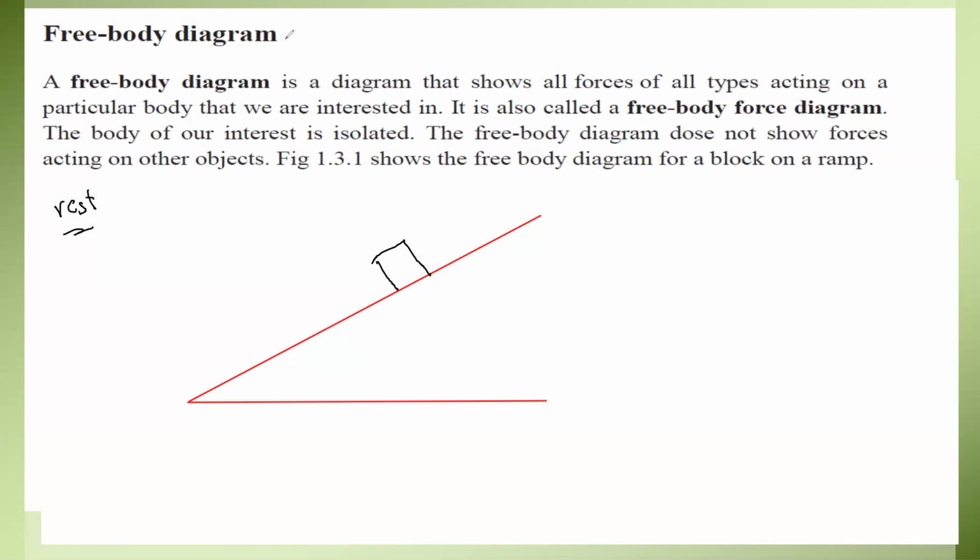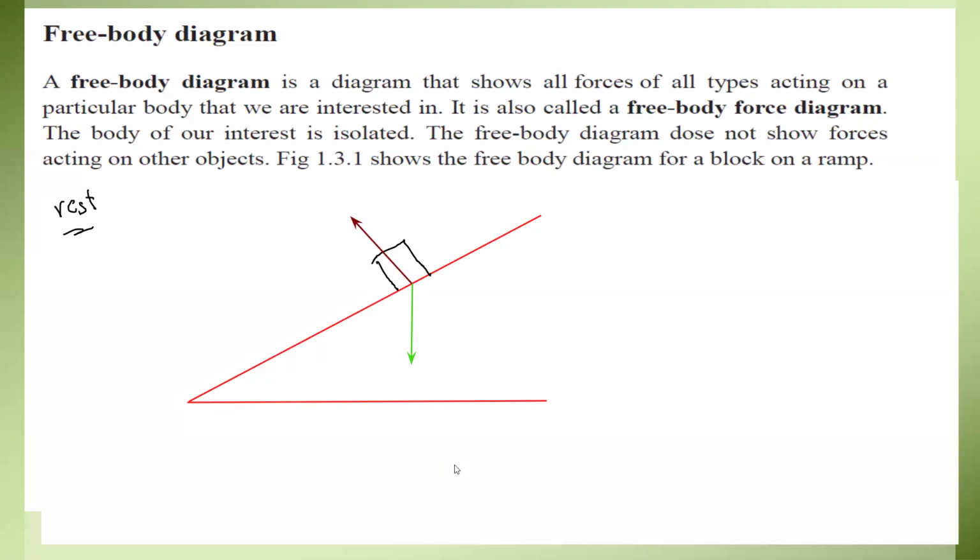So how can we draw the free body force diagram? So first thing, the forces which are acting: the weight of this object is acting downward. That's one of the forces. The second force is a normal contact force, which is perpendicular to the surface.